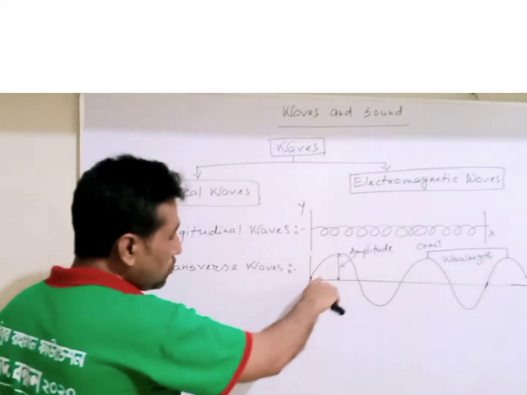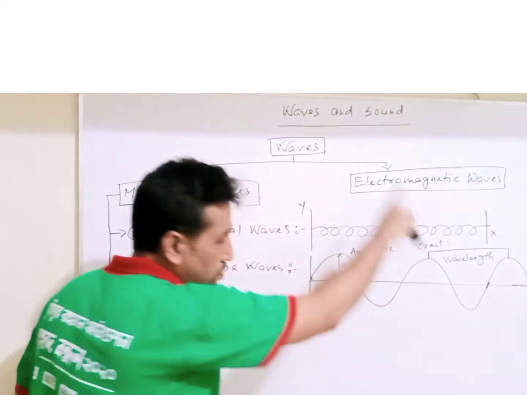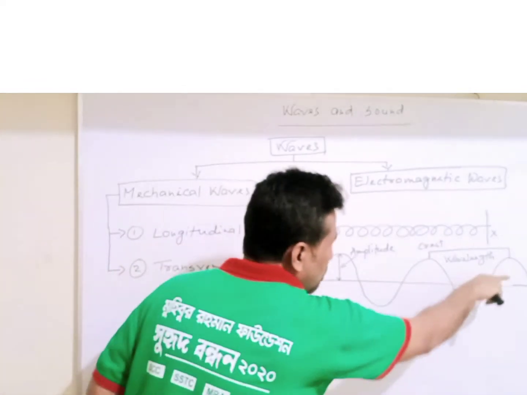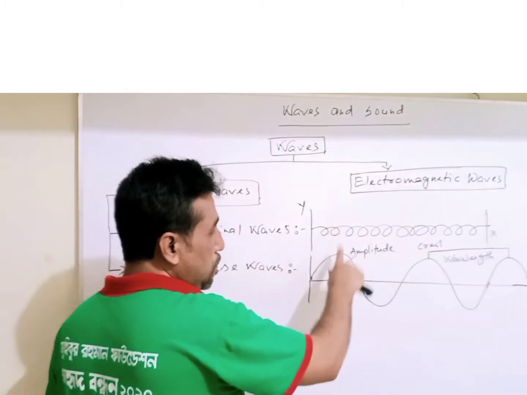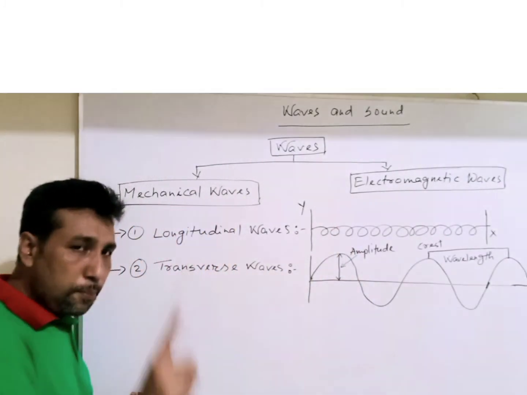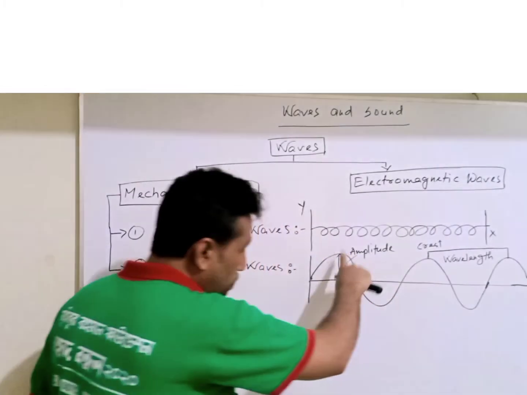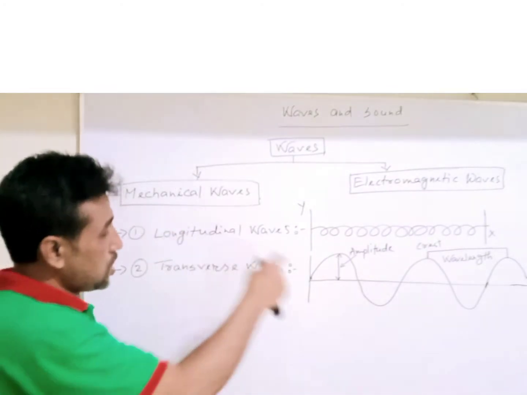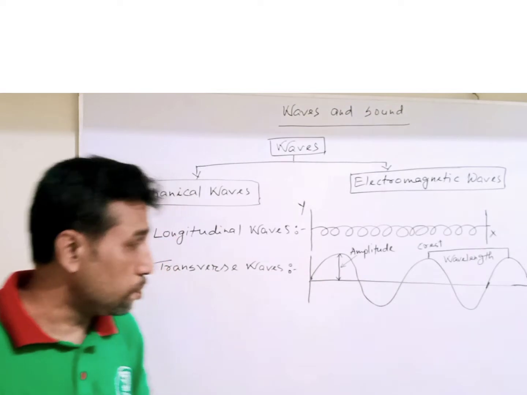The rope is oscillating up and down, and the energy is going straight horizontally. So here the direction of the displacement of the medium and the propagation of the wave are perpendicular to each other. Such waves are called transverse waves.